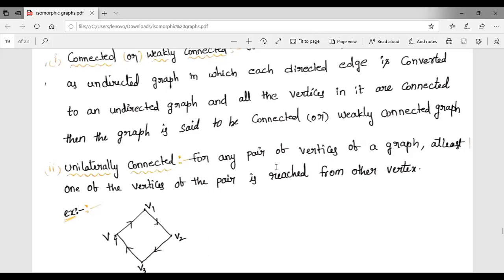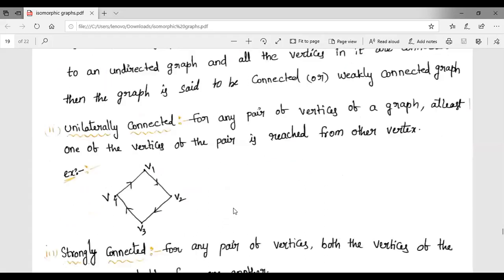If we consider any pair of vertices of a graph, at least one of the vertices of that pair is reached from the other vertex. If we consider V1 to V4, then V4 to V3, V3 to V2, there is a path. So this connection is called unilaterally connected.